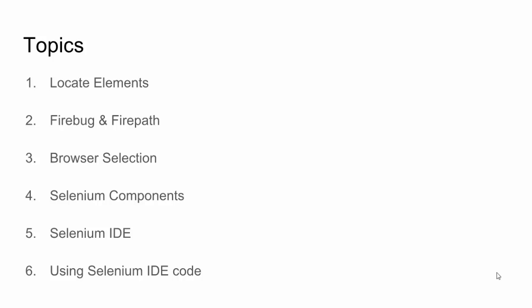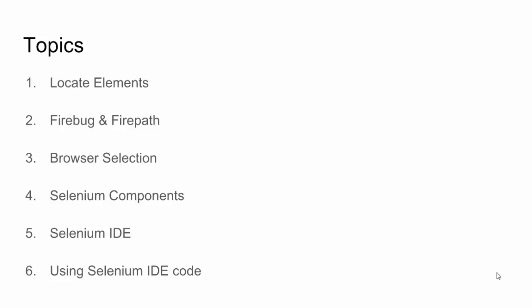Number 3, browser selection. By default, Selenium WebDriver supports Firefox browser, but other browsers such as Internet Explorer and Chrome can be used also for doing automation testing with Selenium WebDriver. So we will cover that topic also.